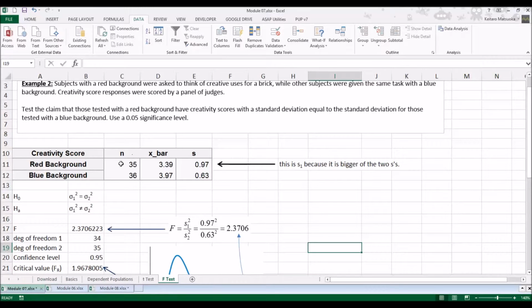We look at the 35 with the red background and 36 with the blue background. X bars here and then standard deviations here. We're going to designate 0.97 as S1, the first standard deviation, because as a rule we set the higher of the two to be S1. So this is S1 and this would be S2.